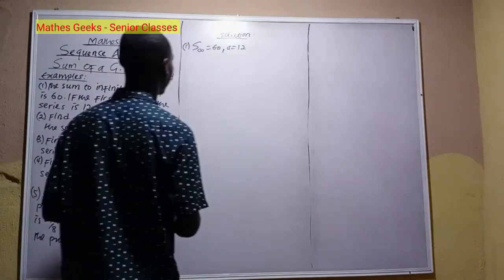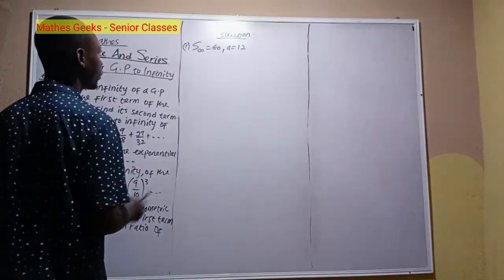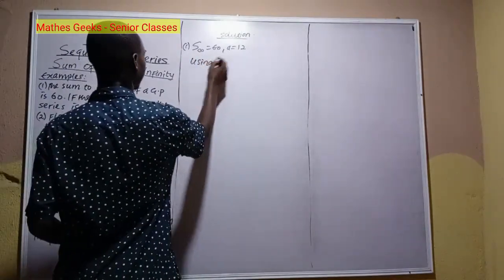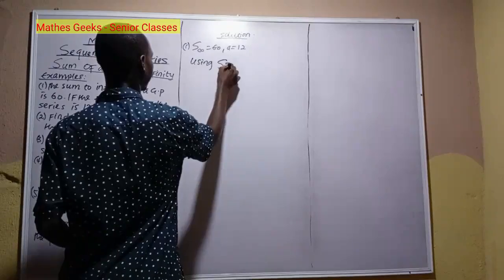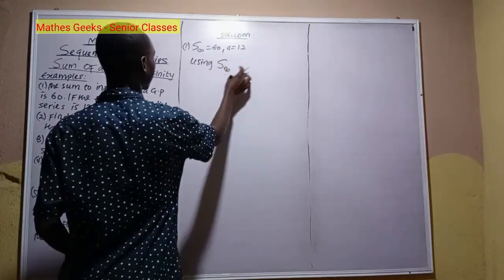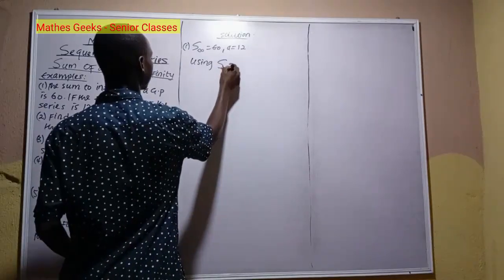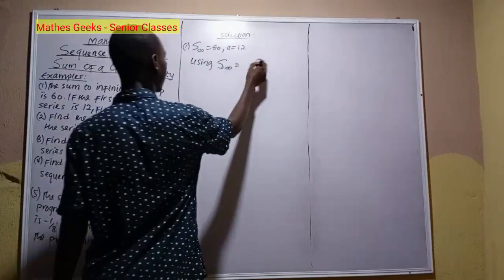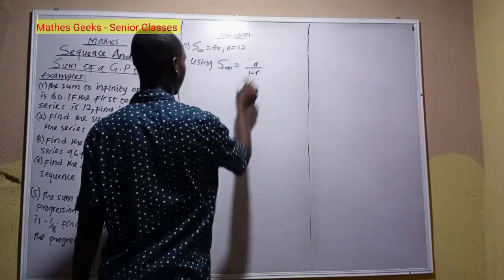So to get the common ratio, we are going to use S infinity is equal to a over 1 minus r.